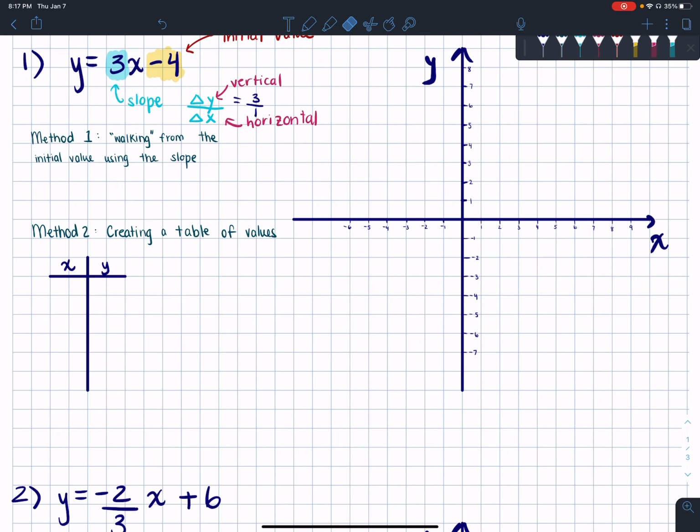Okay. So now when you're using a table of values, you're working off of this equation here, so you're working with the algebra. I want to rewrite it over here. And what you want to do is pick one number, so we're going to pick an x value.